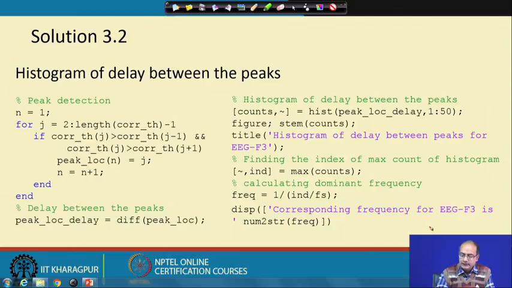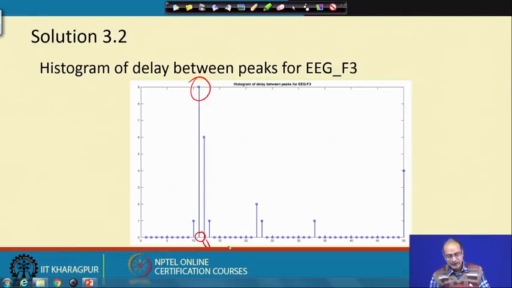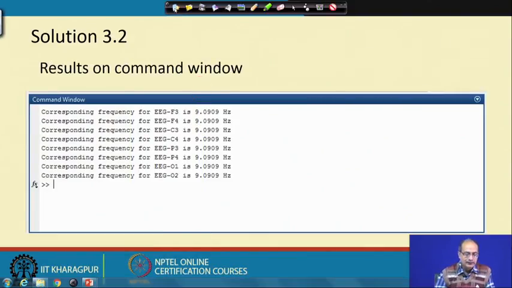So, let us proceed. Here is the stem plot, and what we get is that this is the highest count. So, we have taken the position here, it would be 11, and now that is converted to frequency and appropriately normalized with the sampling frequency, and in that way we expect to get the result.